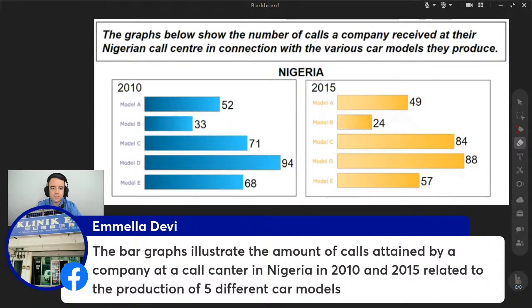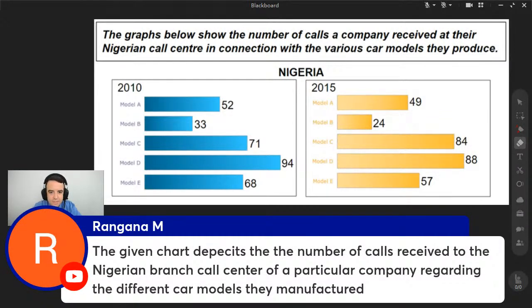So it's not about the production of the car models, it's about the cars. It's about the car models. If you're saying about the production, you're talking about how they're made or how quickly they can be made. So the calls weren't about the production, it was about the car models that the company makes. So that information isn't accurate.